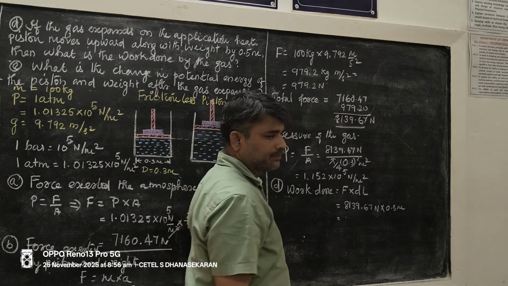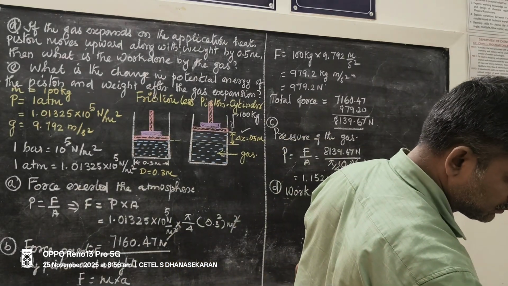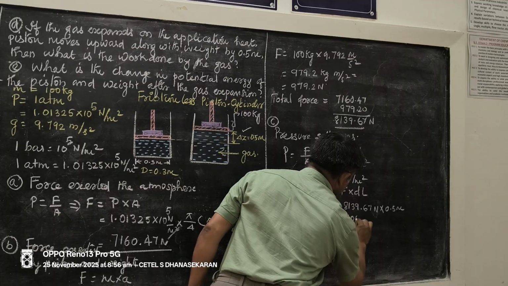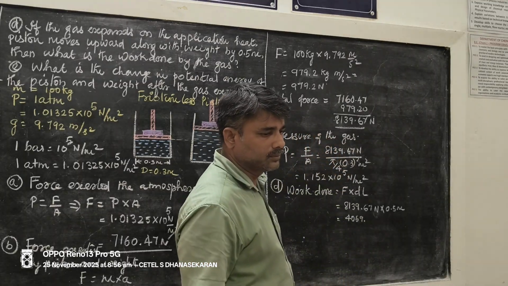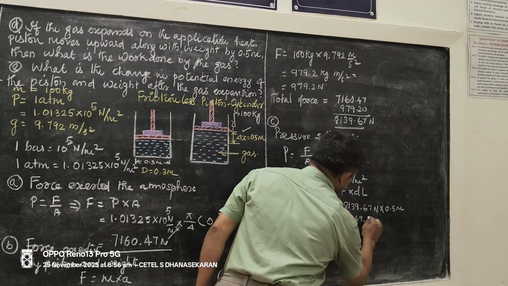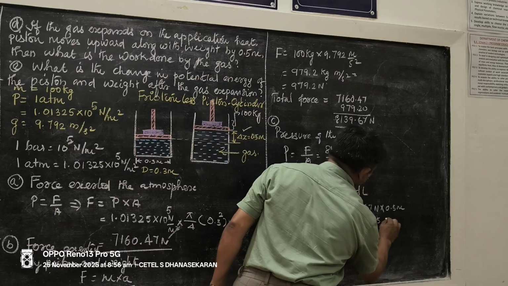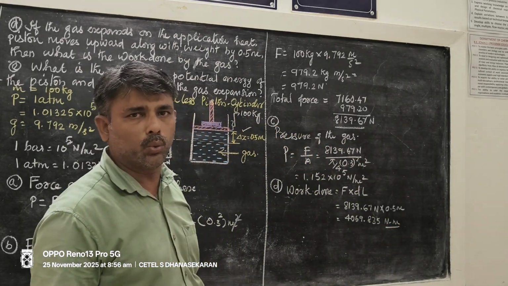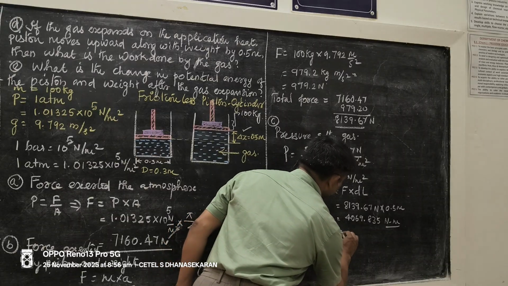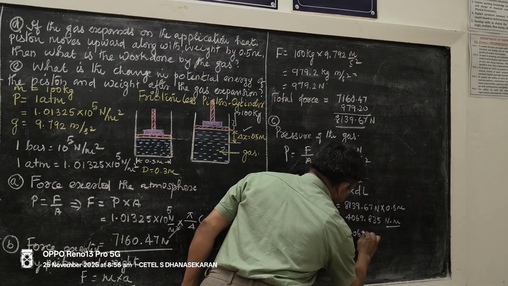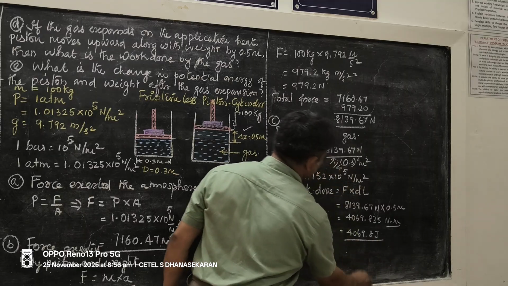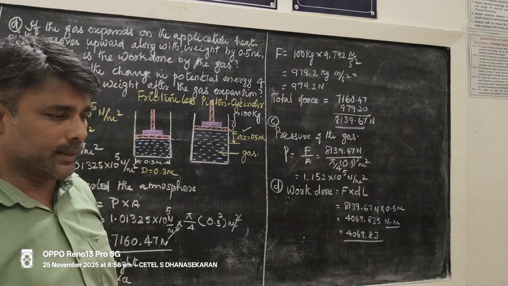What is the answer? 4069.835 Newton meter. Newton meter means nothing but 1 joule is equal to 1 Newton meter. So the answer is equal to 4069.8 joules. This is the amount of work done.